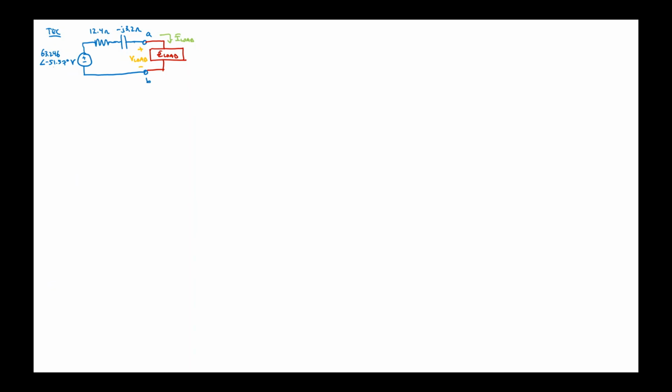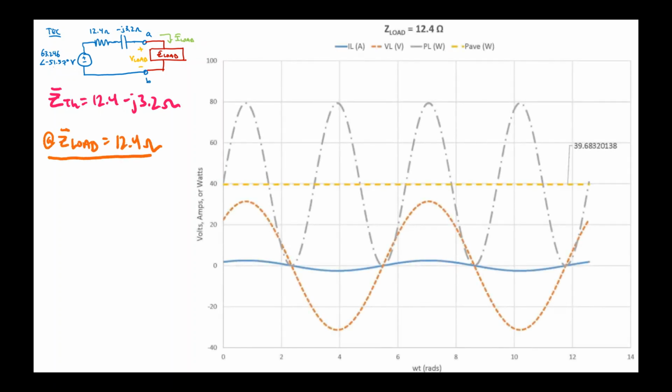For the Thevenin equivalent circuit that we're talking about, remember that Zthevenin is 12.4 minus j3.2 ohms. Let's consider what the graphs look like if I set Zload equal to just the real part, 12.4 ohms. If I do that, I get plots like this. Here we can see Vload of t, that's the voltage across the load as a function of time, and Iload of t, that's the current through the load as a function of time.